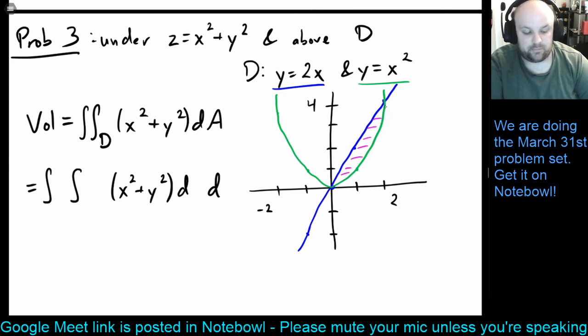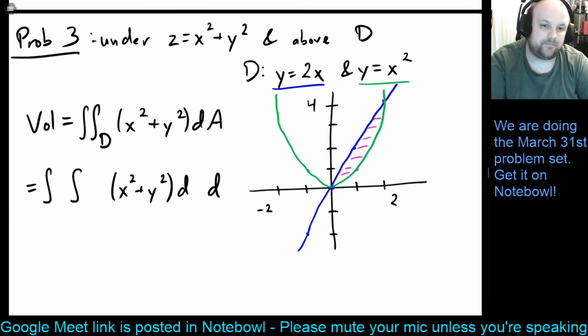The green parabola here is always the right side. So moving left to right, fantastic, no issues. Also, moving bottom to top, the bottom is always green, the top is always blue, no matter where we are. So either way works out to be just fine here. Since it was suggested left to right, let's do left to right.